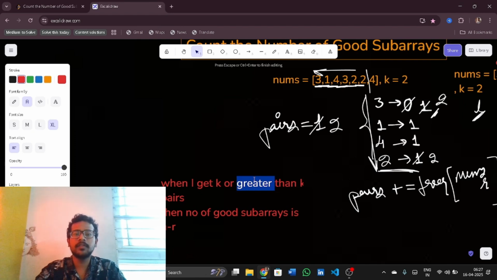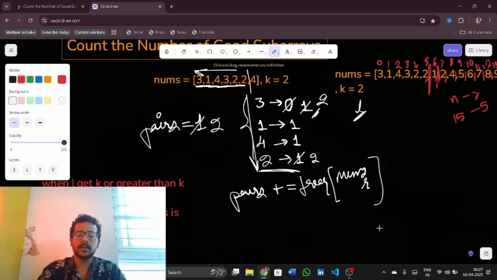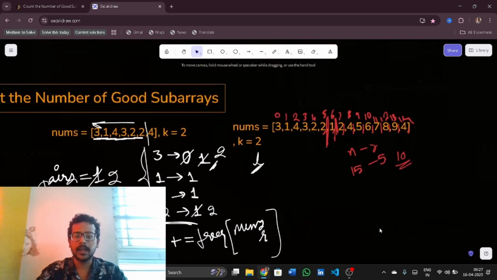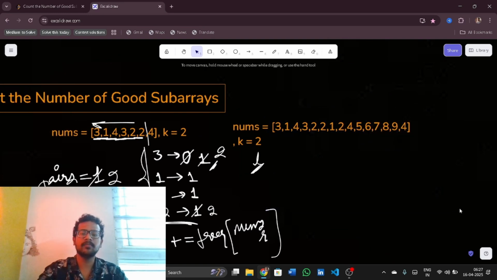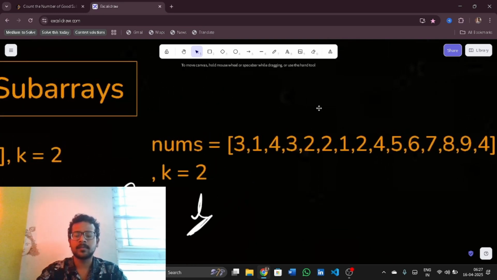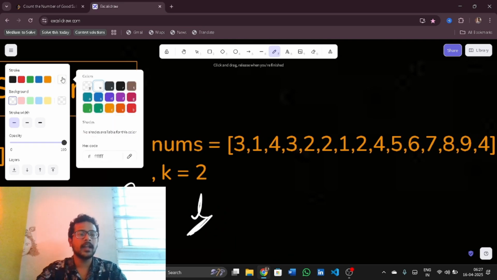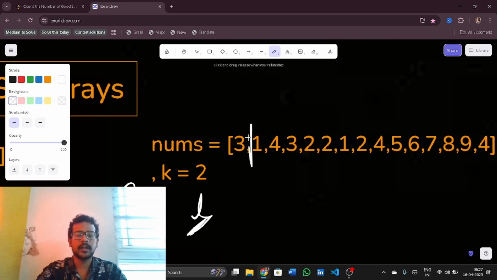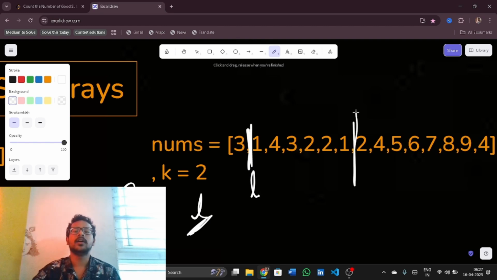Now, why did I say greater than k? Even if it is greater than k, why is it a good subarray? Let me tell you again, taking this as an example. Imagine I have started here, so the L, my window or subarray, is just starting here. Now I have ended here. How many good subarrays can I get?